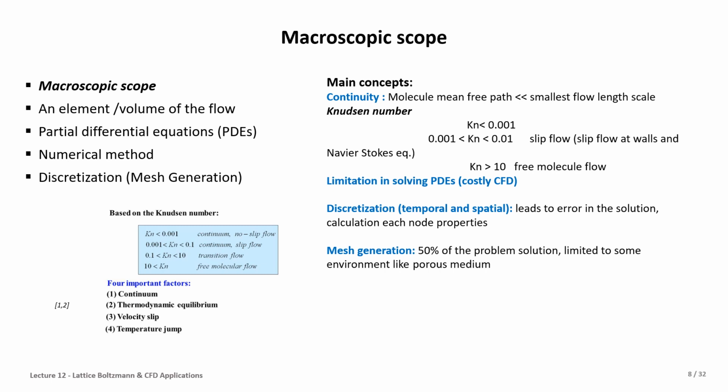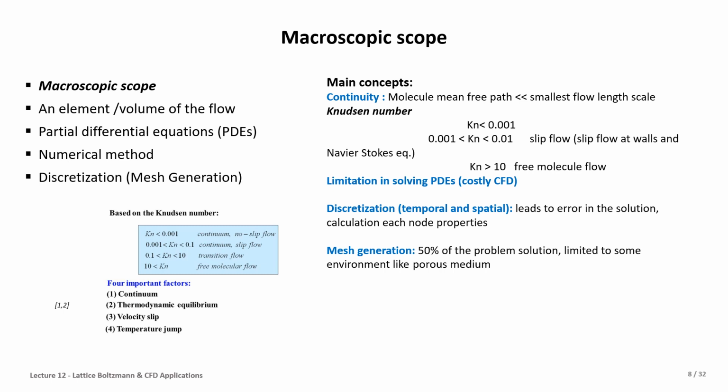Now, according to the three scopes that we mentioned in the previous slide, let's look at their details. The macroscopic scope is based on continuity. In this scope, the molecular mean free path should be much smaller than the smallest flow length scale.